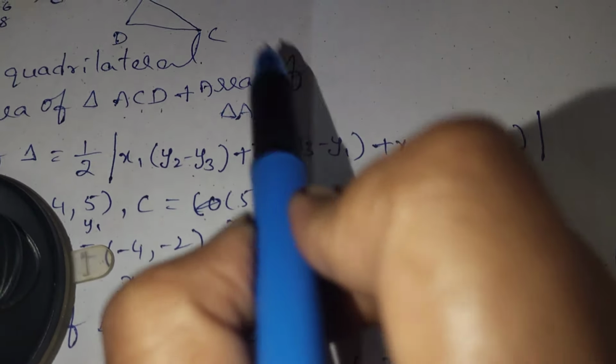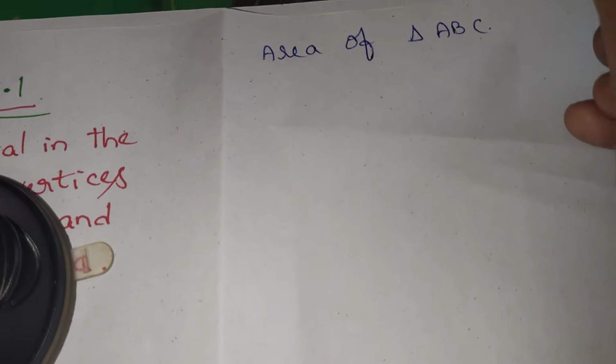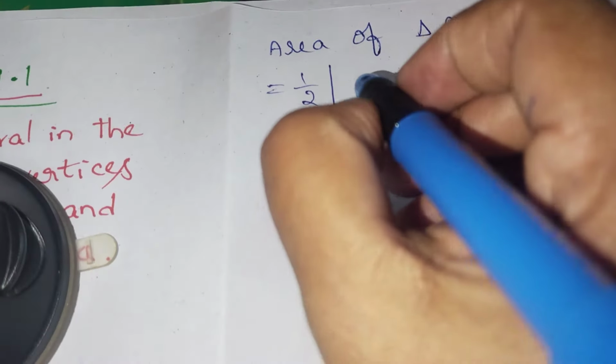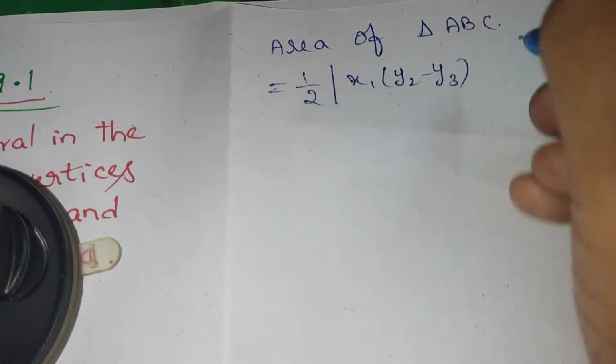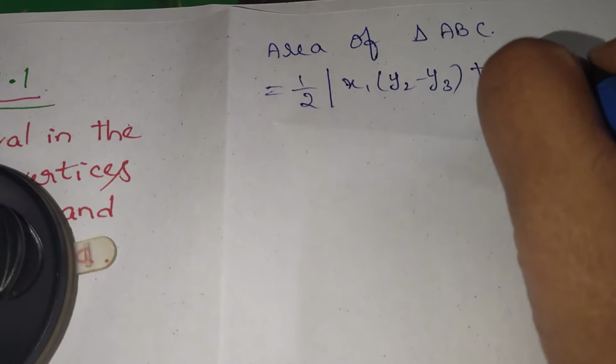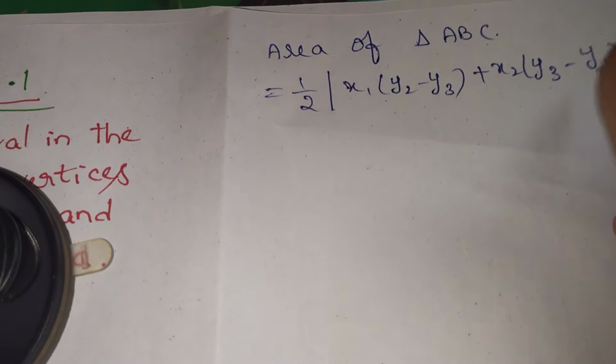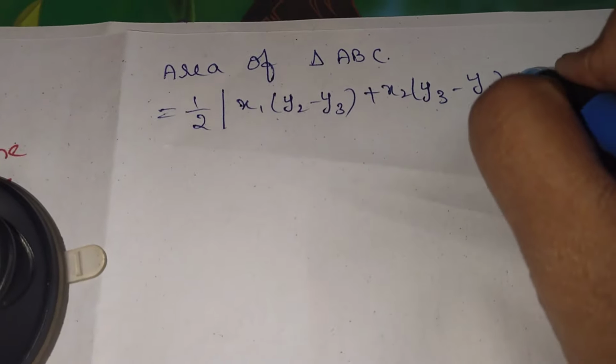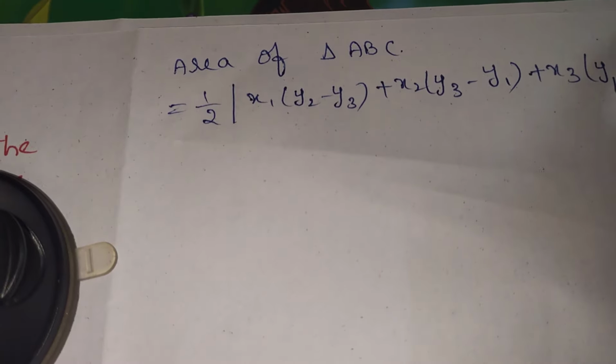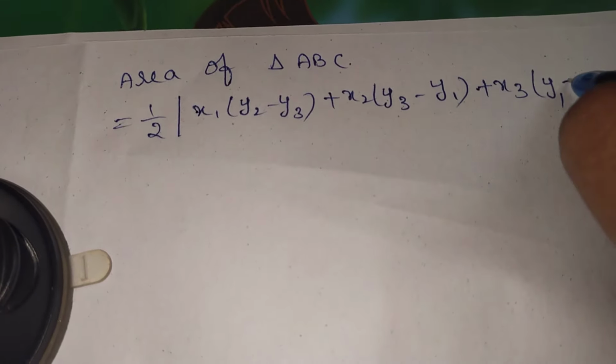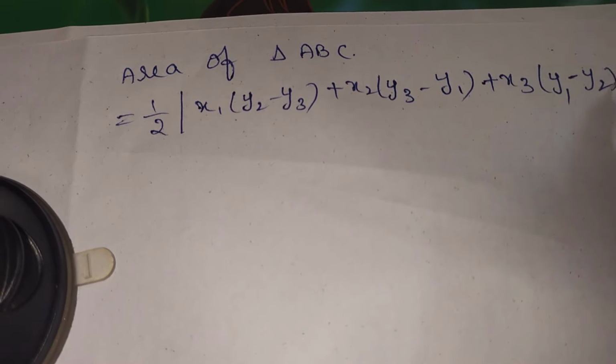Next, the area of triangle ABC we need to find. So area of triangle ABC equals half mod. We know the formula: x1 into y2 minus y3 plus x2 into y3 minus y1 plus x3 into y1 minus y2.